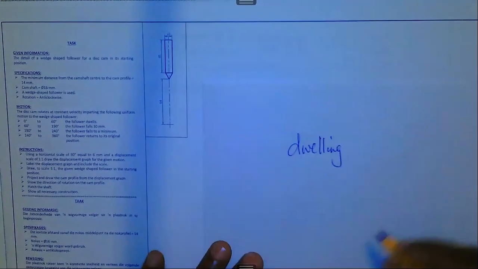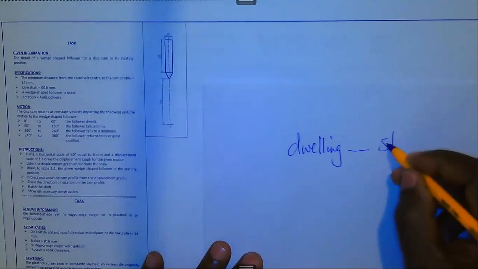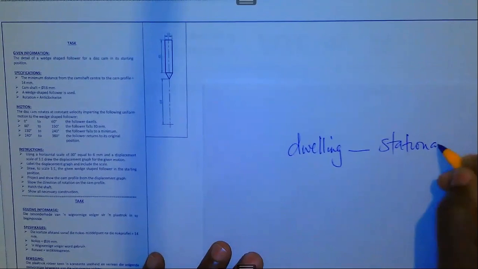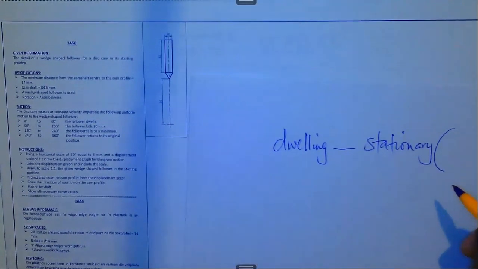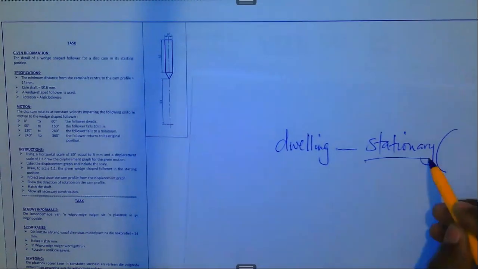It is neither rising nor falling. It is maintaining the same height. Though the cam is rotating, the follower is not being pushed up nor pushed downwards. It is maintaining a set height.